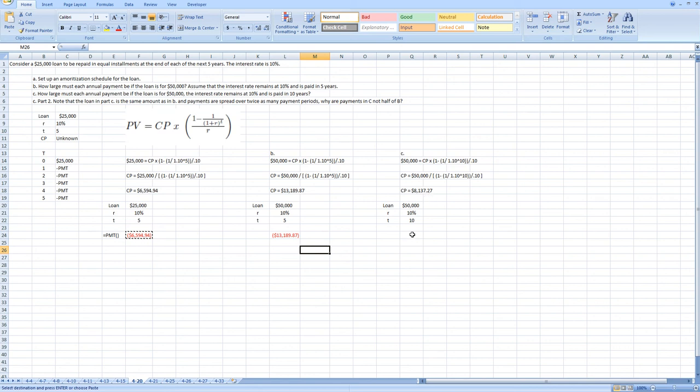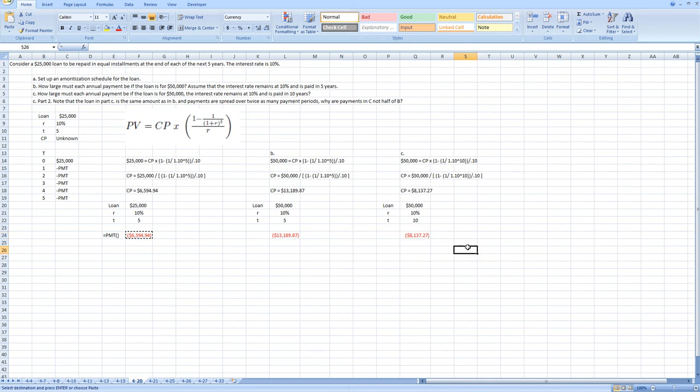If we compare that proportionally, we'll find out that it's not half of what's in B. So we'll again paste our formula over, and we see that the function confirms that our long solution was correct.